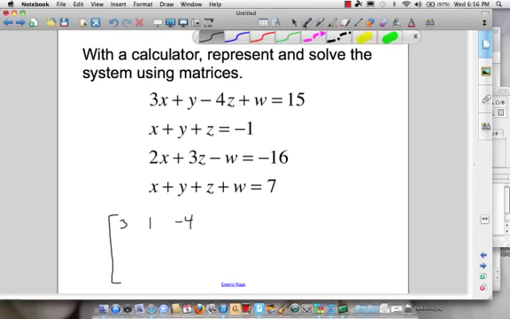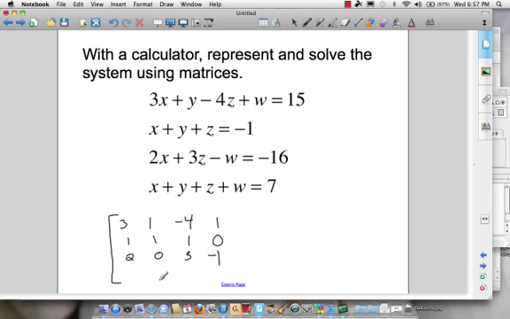And remember that then gets inverted. You do that with your calculator. And multiplied by the column matrix, 15, negative 1, negative 16, and 7.